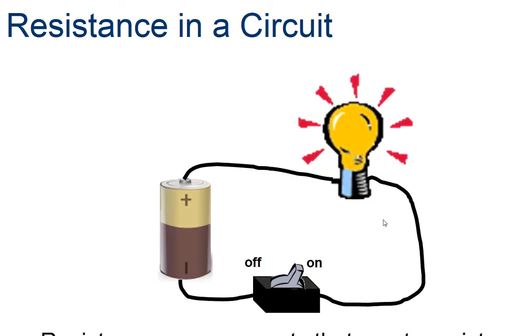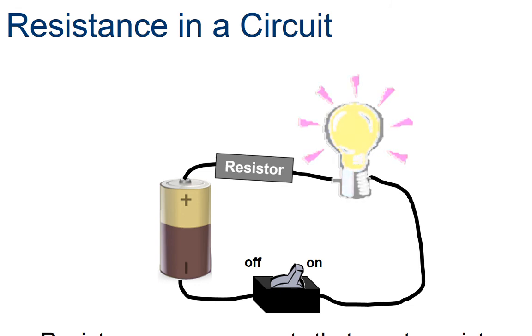If we insert something called a resistor, a resistor is a lot like the rock that got in the faucet. The resistor is going to reduce the flow of electrons. It doesn't matter where the resistor is in our circuit, it's going to reduce the flow of electrons, and then we'll notice if we're using a light bulb, it'll get dimmer, or if we're using a motor, the motor will decrease in speed.